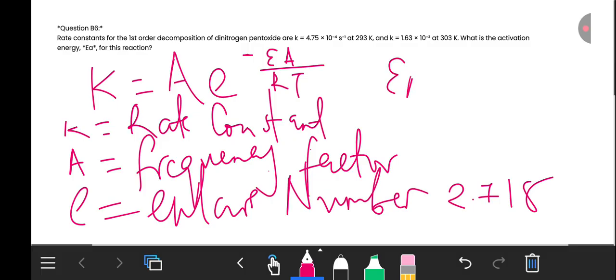Then E with a subscript A is the activation energy.